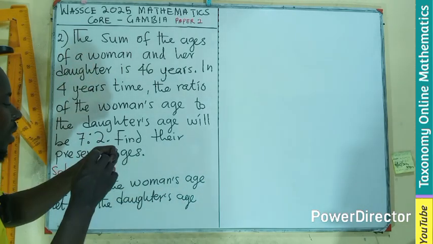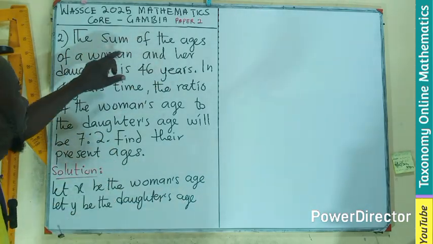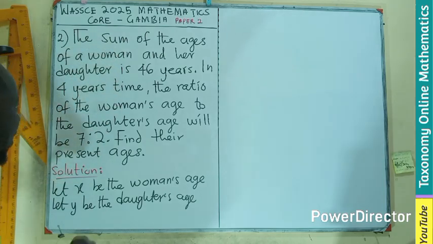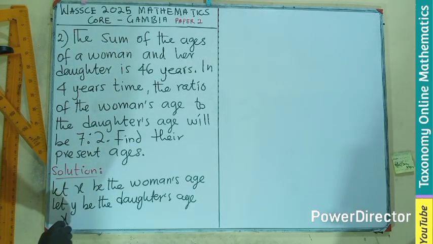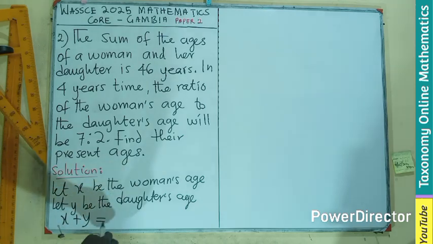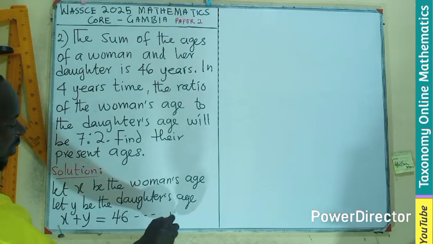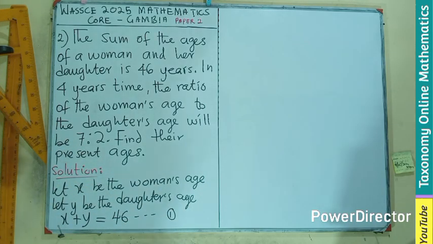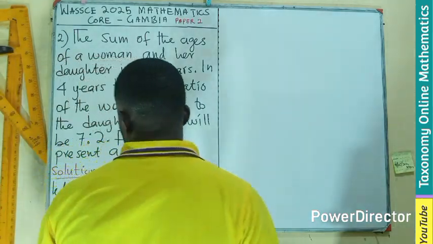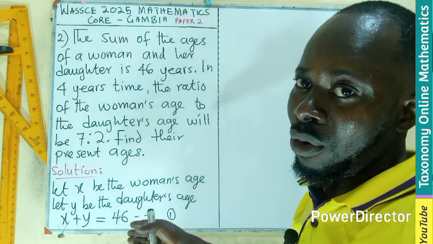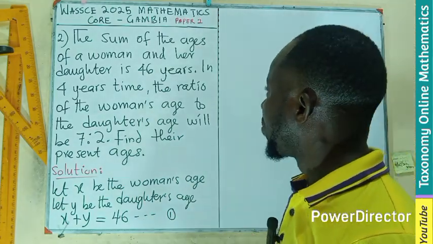So first statement, sum of their ages is 46. So that means that x plus y equals to what? What do we have? 46 as the first word equation. So this x is unknown, y is unknown, so we cannot proceed. So let's go to the second part.